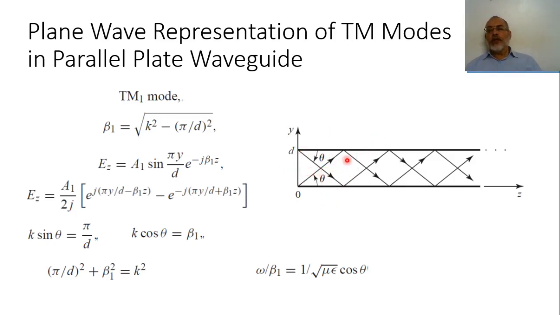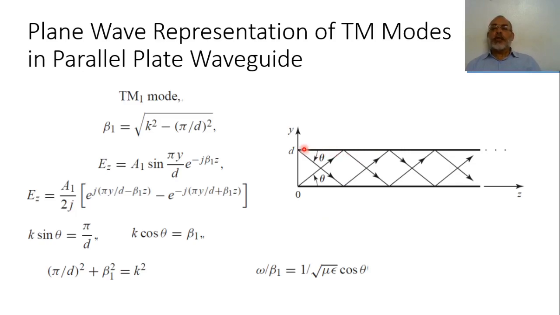And effectively, this tilted plane wave is propagating with the velocity of light in the medium, so the velocity here is 1 over the square root of mu epsilon. But the phase is due to the tilted phase front.